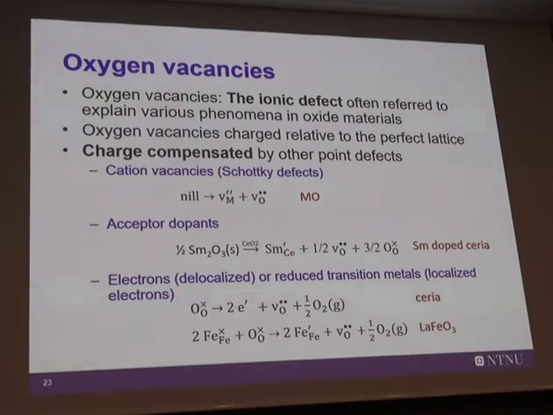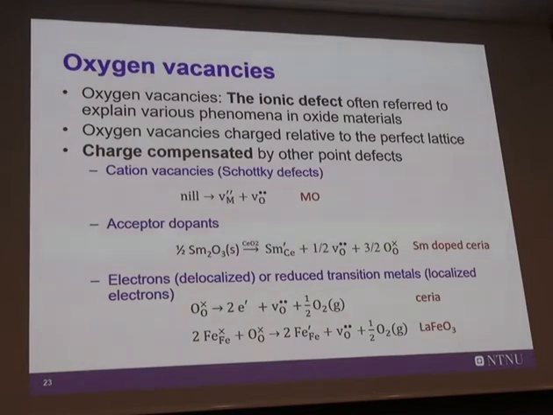There are several possibilities for charge compensation. One is the cation vacancy. That was the Schottky defect we learned earlier this morning. You can have acceptor dopants. As I told you in ceria, putting samarium oxide in ceria, you get the oxygen vacancy concentration, so that the charge compensating species is the acceptor dopant. Here it was the metal oxide vacancy. Then you can have electrons, which are either delocalized, or reduced transition metals, which are localized electrons.